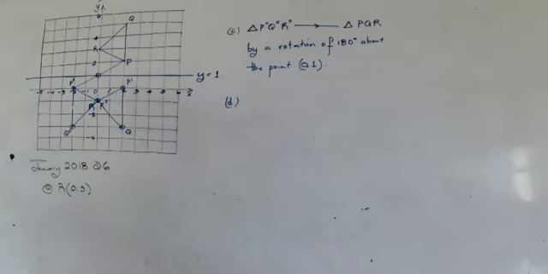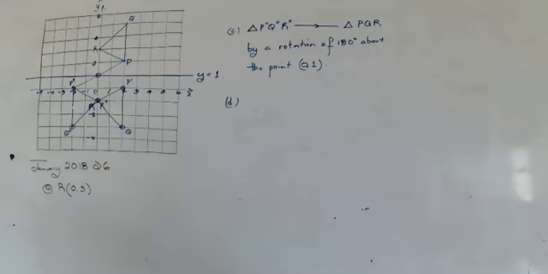There's reflection, there's rotation, and now it's going to undergo an enlargement. Triangle PQR undergoes an enlargement of scale factor 2. Calculate the area of its image.